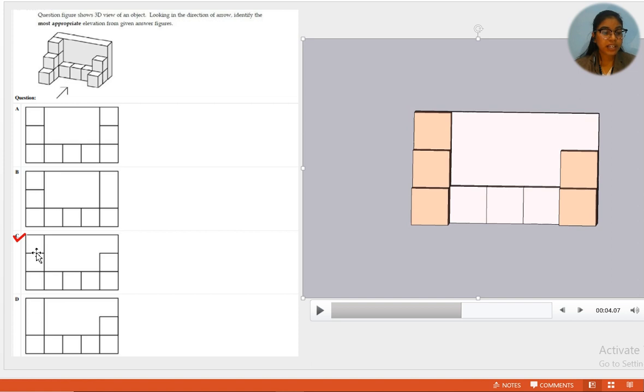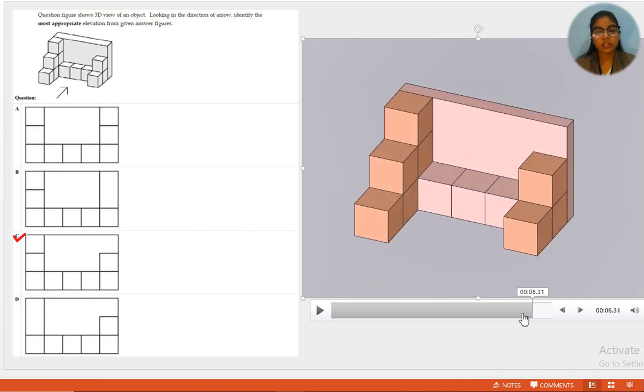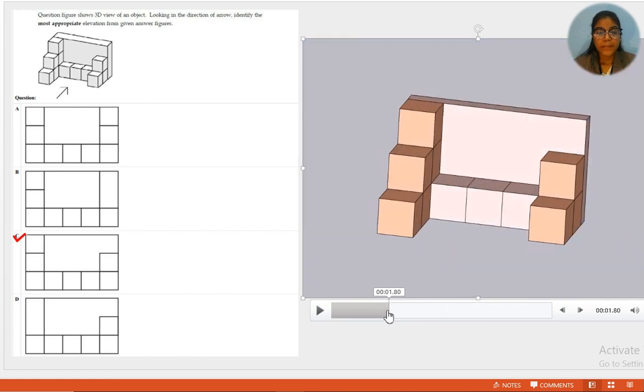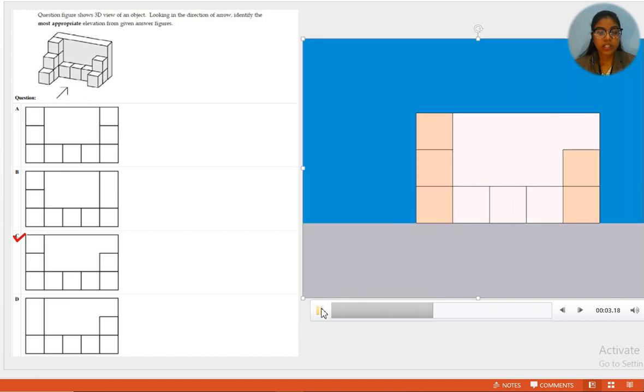So option C is the correct answer, and you see four lines: one, two, three, and four. And here also you see one, two, three, and four lines. Look into the video. See how it is getting transformed.